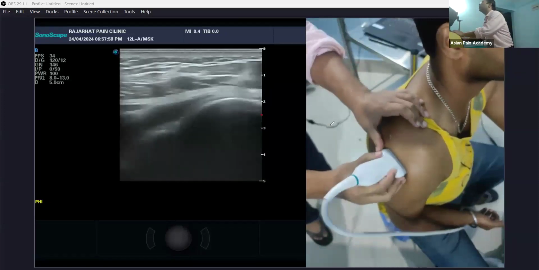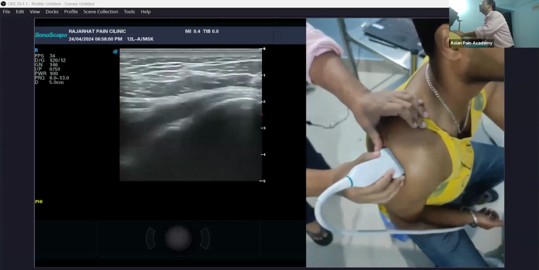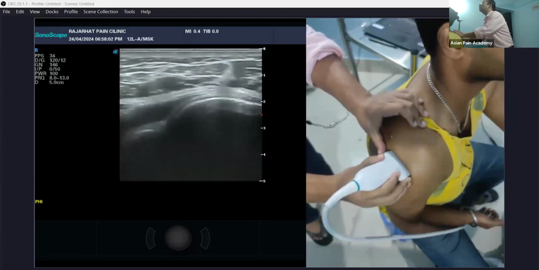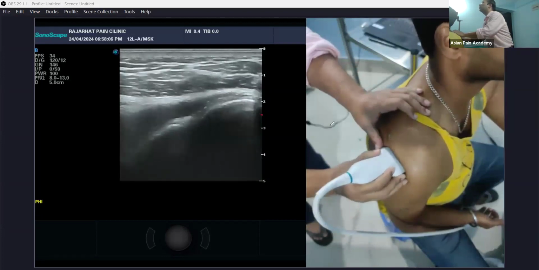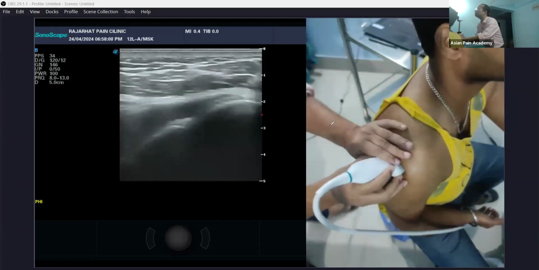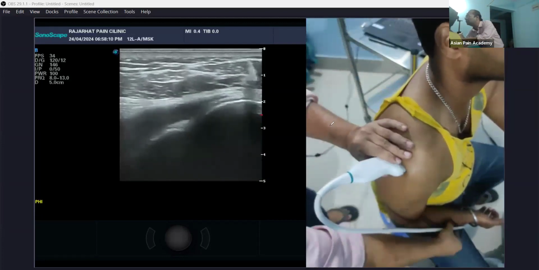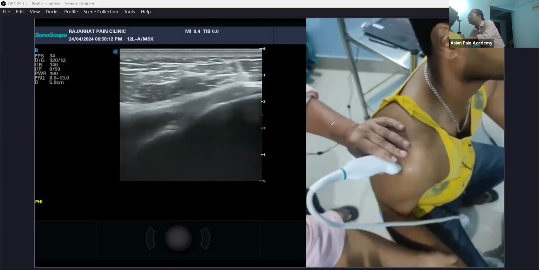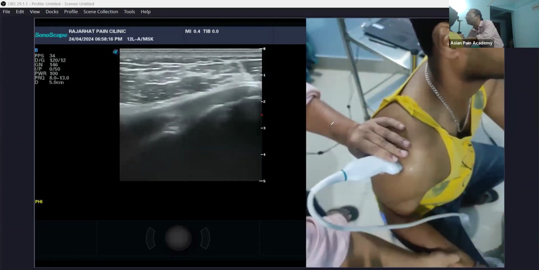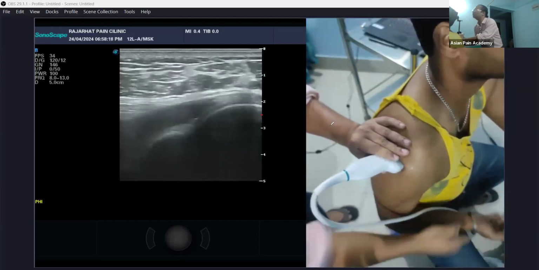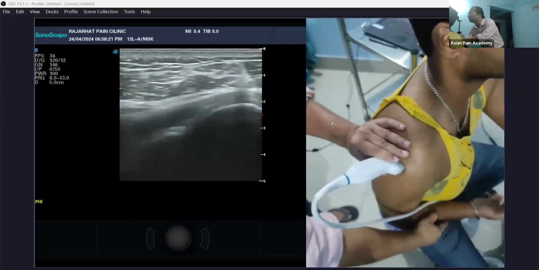Here you can see the round structure is nothing but the head of the humerus, and you can check whether it is really the head of the humerus by movement. You can see that it is moving, and you can see the articular cartilage as a black line above the head of the humerus also.